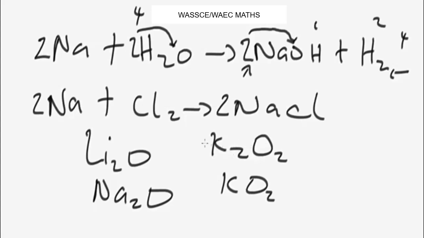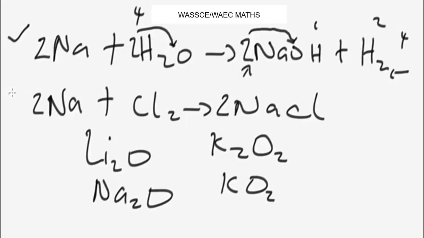So these are the three main reactions of group 1 elements, their reactivity. So take note of what we just looked at. Firstly, when they react with water, they will form hydrogen gas and metal hydroxide.